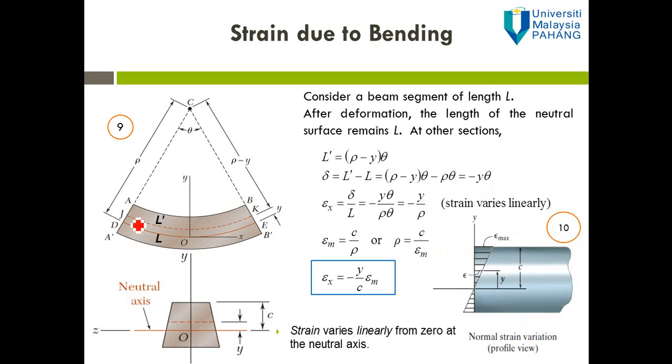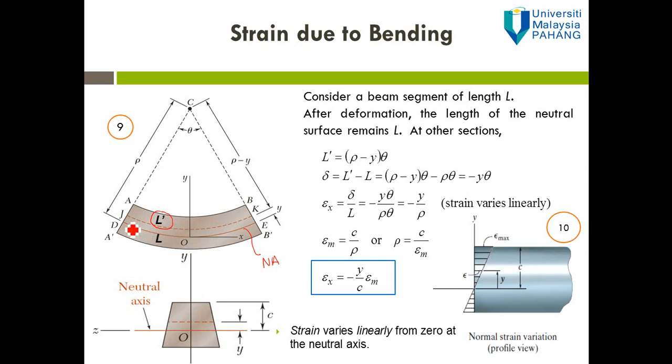Figure 9 shows the beam after deformation. Let's say the solid line here is the neutral axis, and the dashed line is somewhere above the neutral axis, with its length represented by L prime.